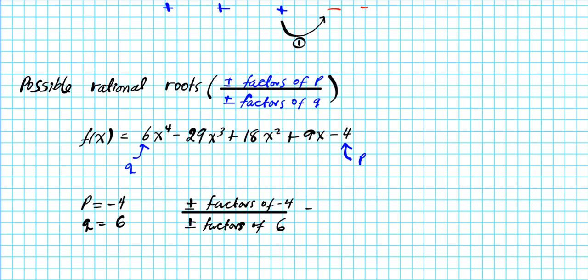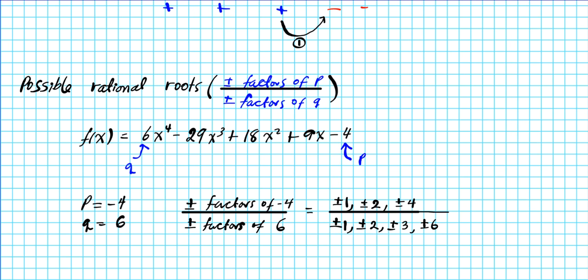The positive and negative factors of -4: 1 goes plus or minus 1. 2 definitely goes plus or minus 2. And then 4 goes plus or minus 4. Now, what are the positive and negative factors of 6? Plus or minus 1 goes basically into every number. What else do we have? Plus or minus 2 goes into 6. 3 definitely goes into 6. And then 6 goes into itself.